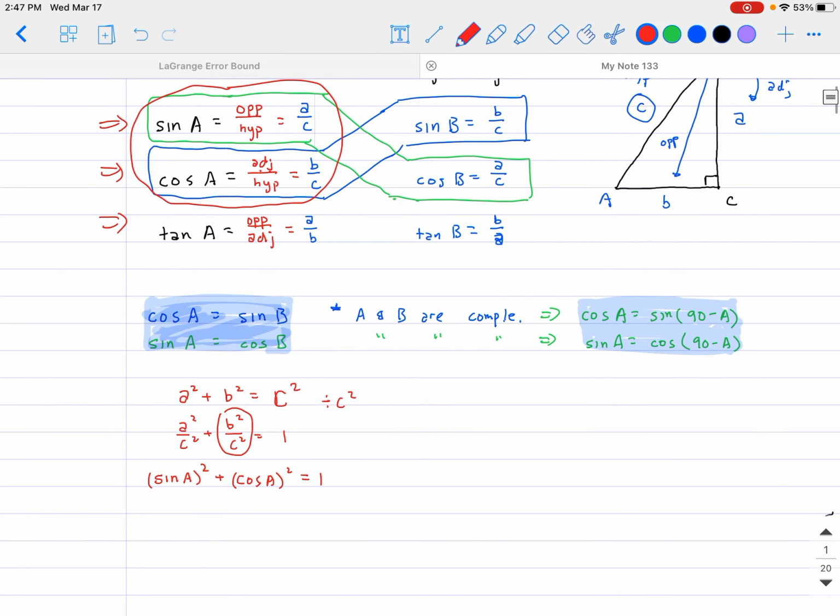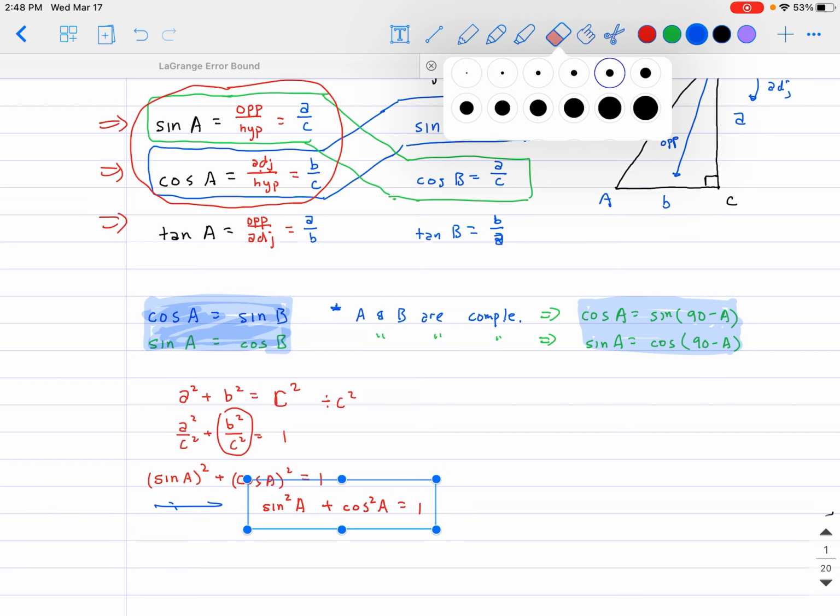So just to clean it up a little bit, the expression that people usually write for this is sine squared of A, and they put the square in between the trig ratio and the angle just to not get it confused, plus cosine squared of A is equal to 1. So that right there is actually, let me go ahead and move this over because I don't want to mess that one up.